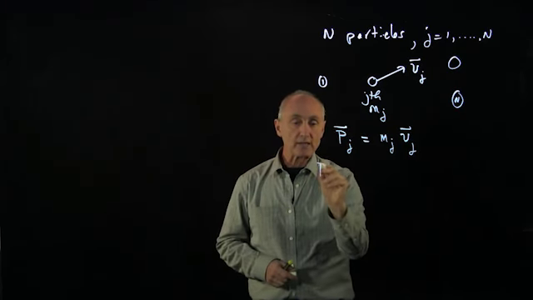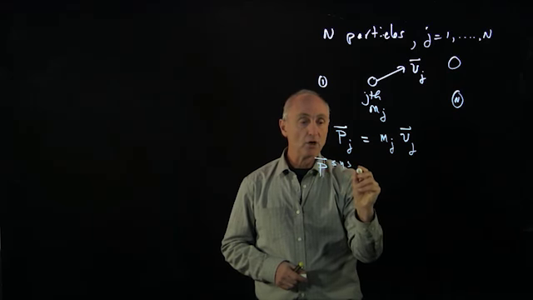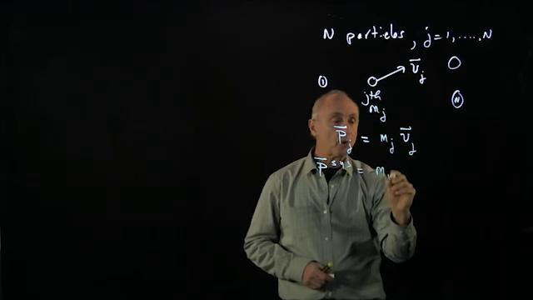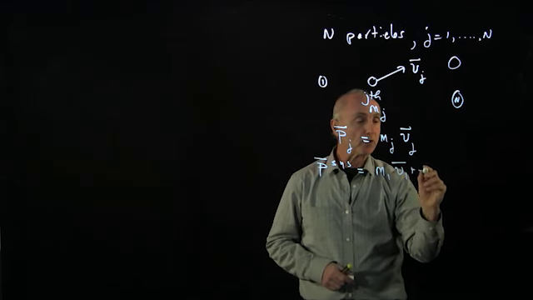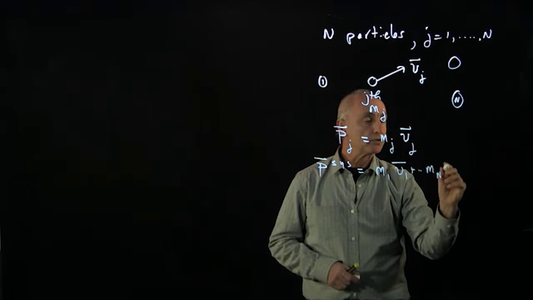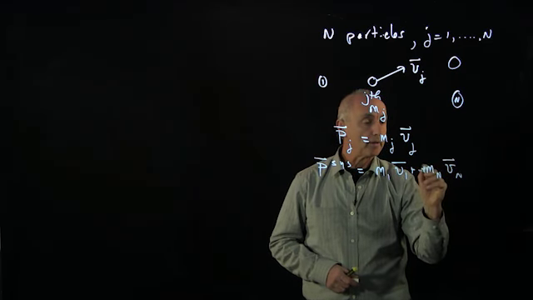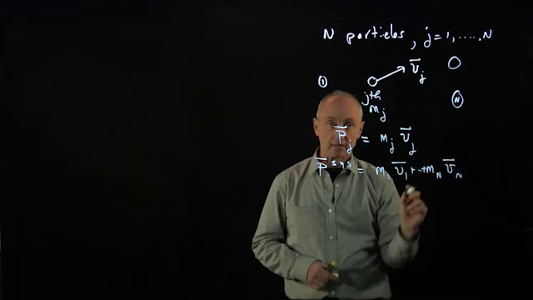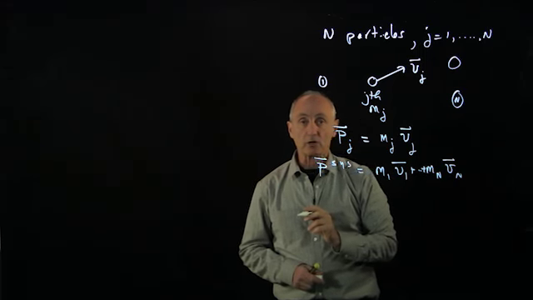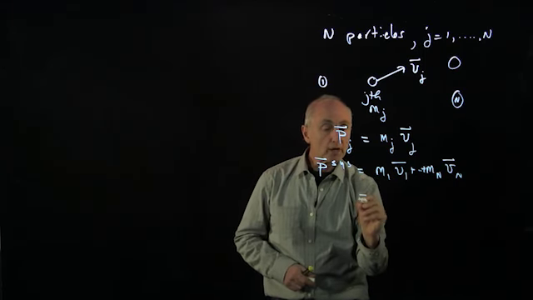So for the total momentum of the system, we now have to add up the momentum of all the particles, all the way up to the nth particle. Now, when we make a sum like this, there's a standard mathematical summation notation, which we'll write like this.